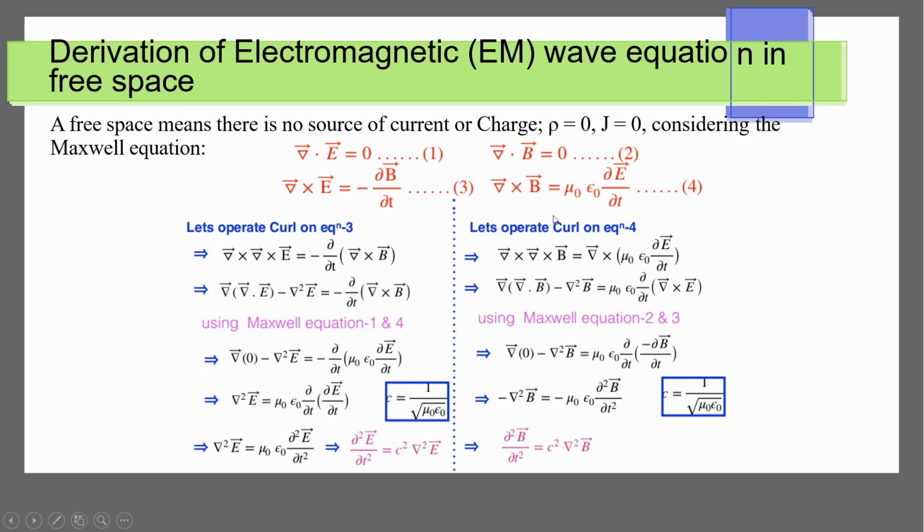Similarly, we can perform the curl operation on the fourth Maxwell equation using the same vector property as the curl of a curl.